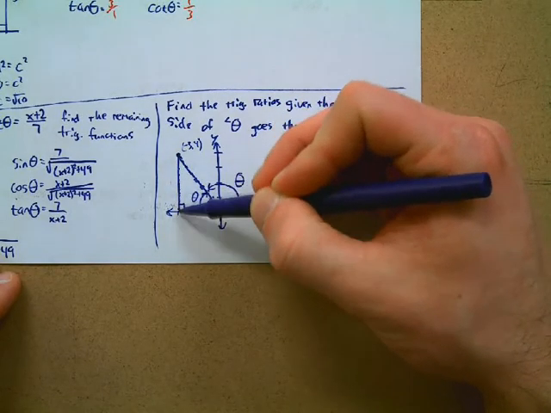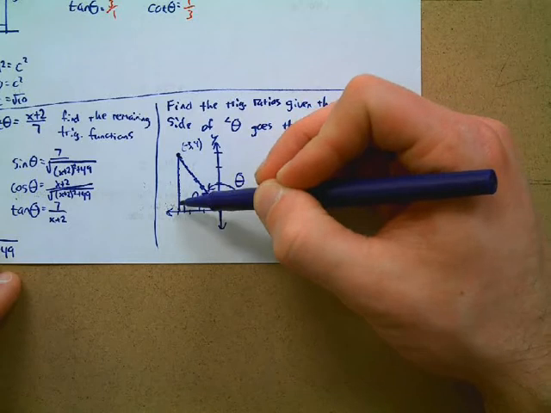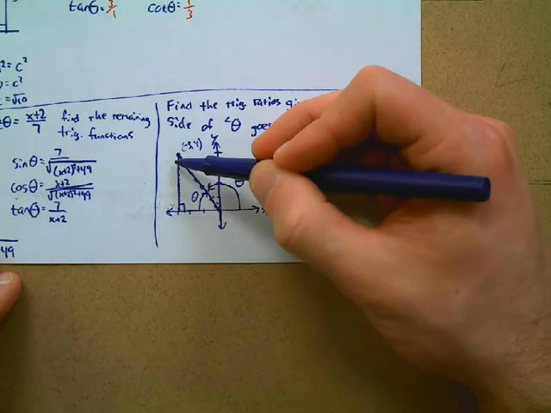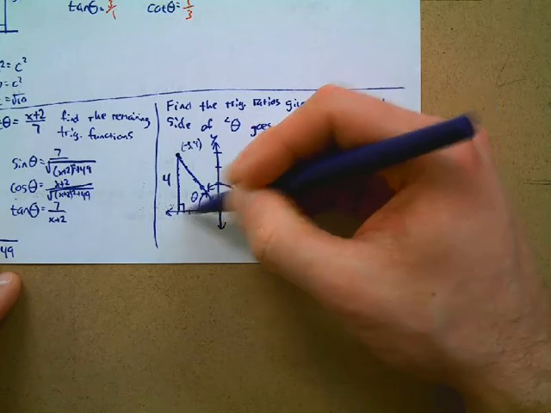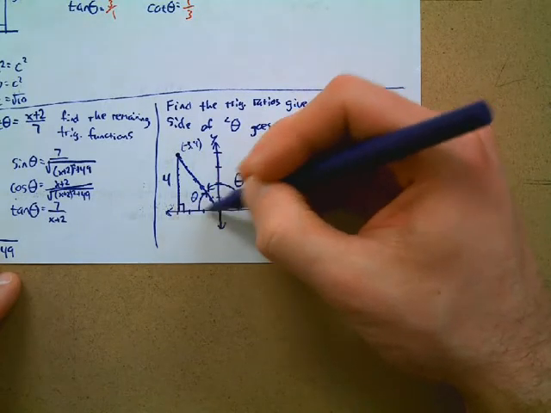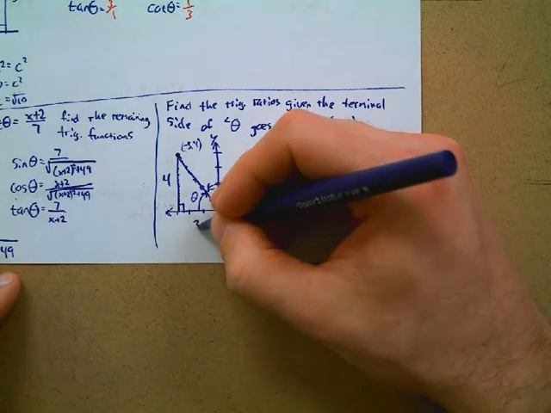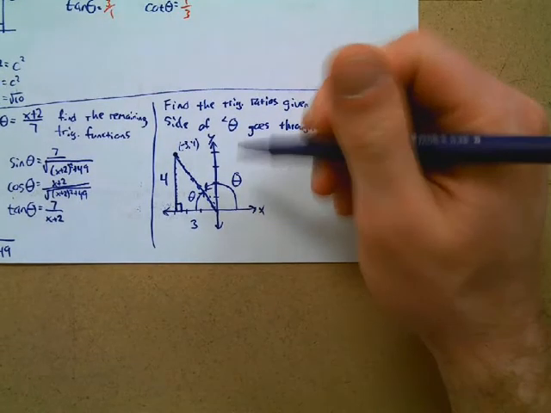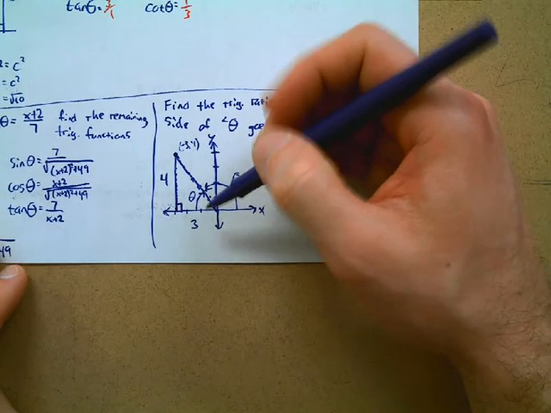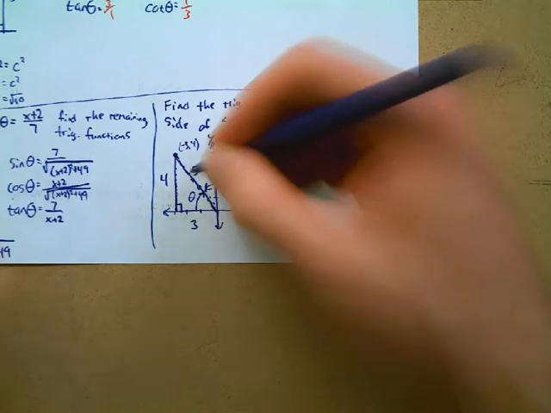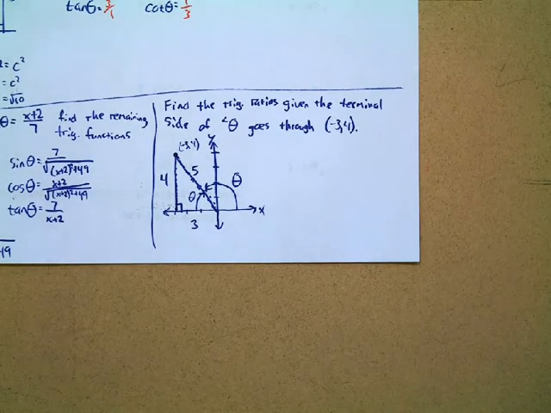And so we can go through and find all of our trig ratios: sine of theta, cosine theta, tangent of theta, cosecant theta, secant theta, cotangent theta. Again, we don't want to use this angle theta to help us evaluate it.